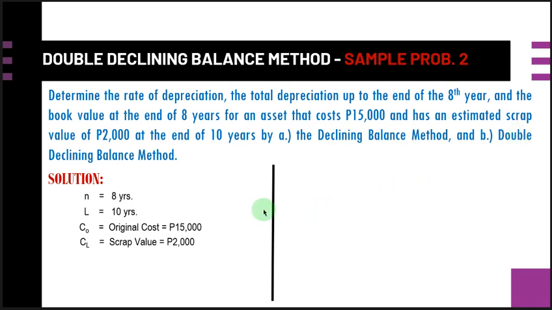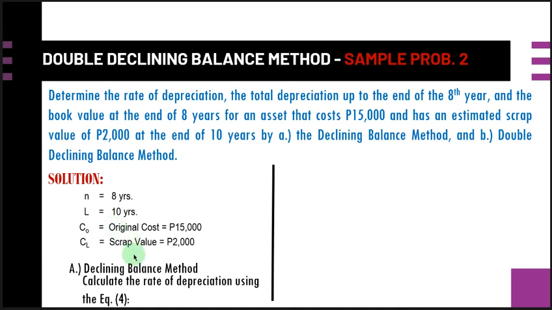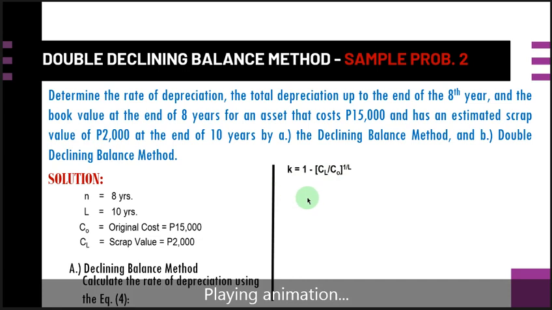So first we have now this declining balance method and calculate the rate of depreciation based on the problem. So using equation 4, we have now this K equal to 1 minus the quantity CL over CO raised to the power of 1 over L. CL is given, CO is given, and L is given, so actually we can get the value of our K here.